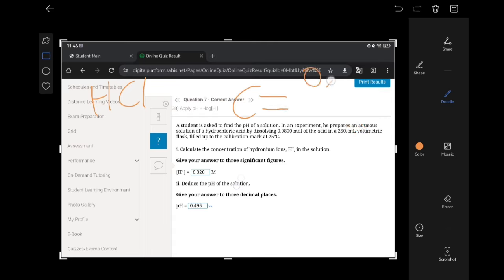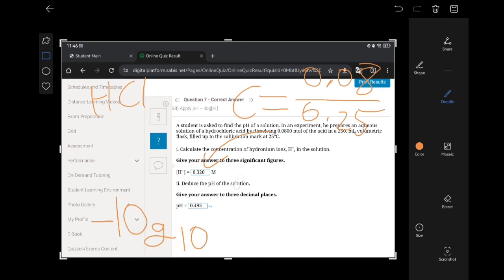So 0.08 over 0.25. You get this. Always remember this formula, negative log 10 of H plus. This gives you the pH. So you do negative log 10 and you put this in, and you're going to get this answer.